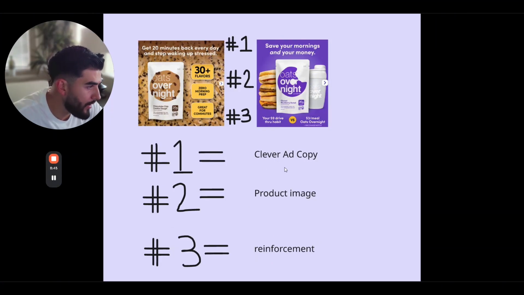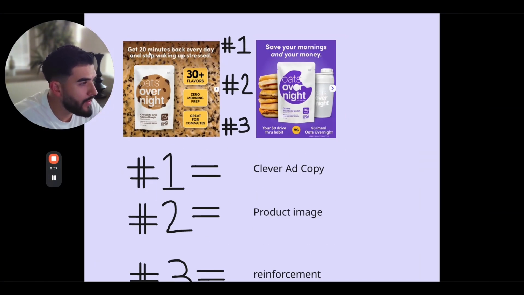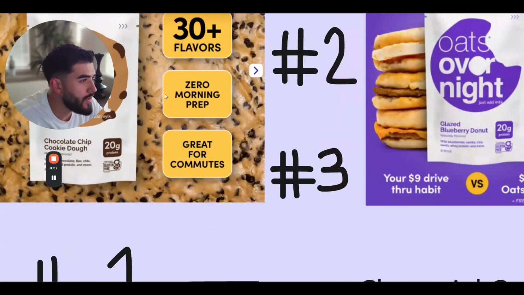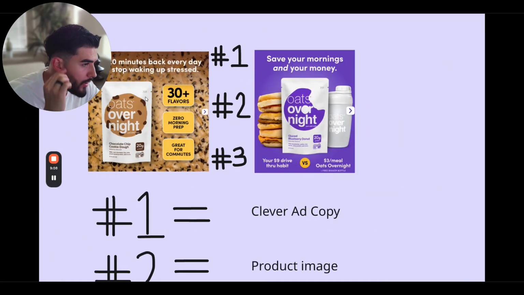So I have clever ad copy, and then I need to reinforce the truth of that ad copy with something. And so you'll see up here for number one, I'm telling people they get 20 minutes back, and then I'm reinforcing that with USPs on this ad. Right? Zero morning prep, great for commutes. This is speaking to my ICP, my customer profile that I'm wanting to target. And then I'm letting them know we also have 30 other flavors, so they don't get tired of the same flavor every morning of my product.